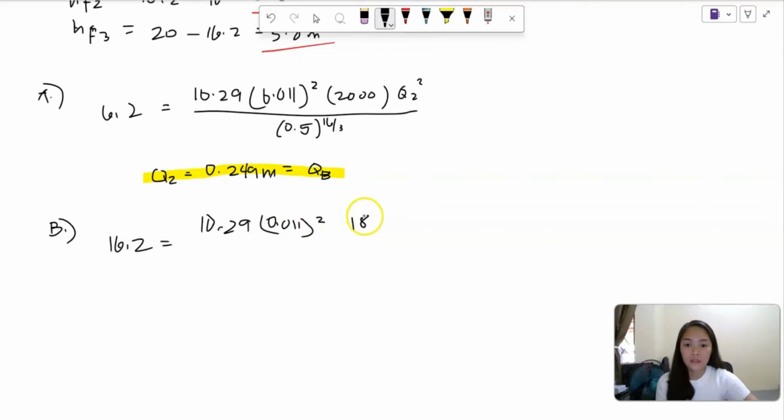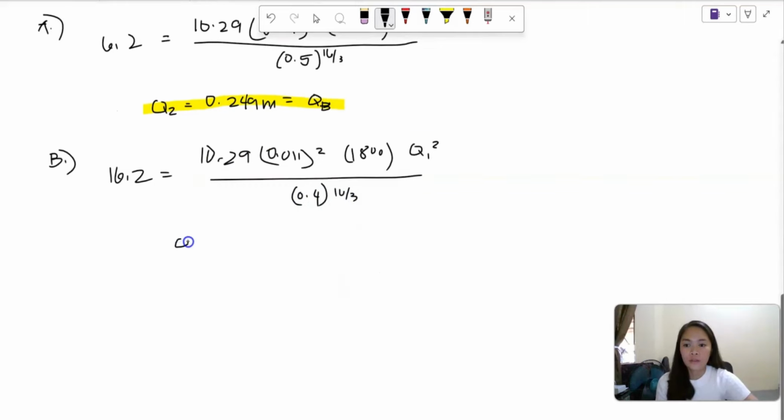Then 1800 for the length, Q sub 1 squared all over its diameter, which is 0.4. 16 all over 3. So shift solve, Q sub 1 is equal to 0.234 cubic meter per second.